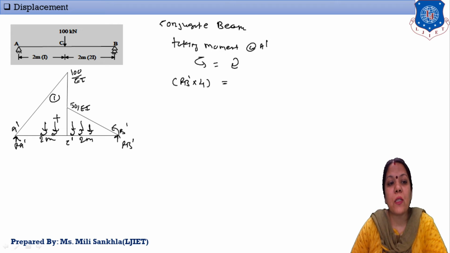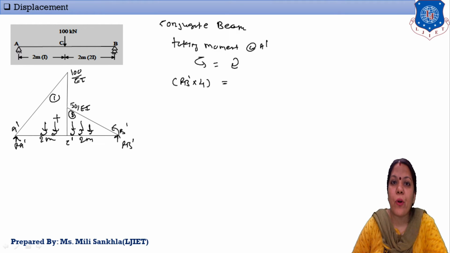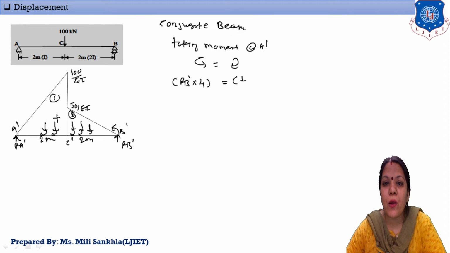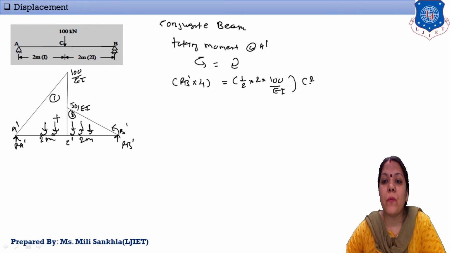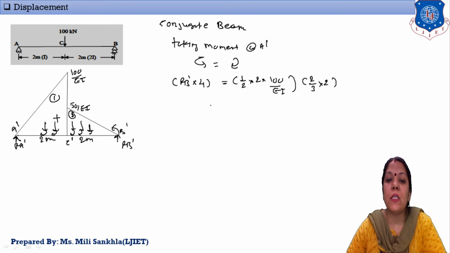Now this is our first and this is our second triangle. One by one, take moments: 1/2 into 2 into 100 by EI, and from this A point the CG is at 2/3 into 2. Clear? Learn your CG table properly.